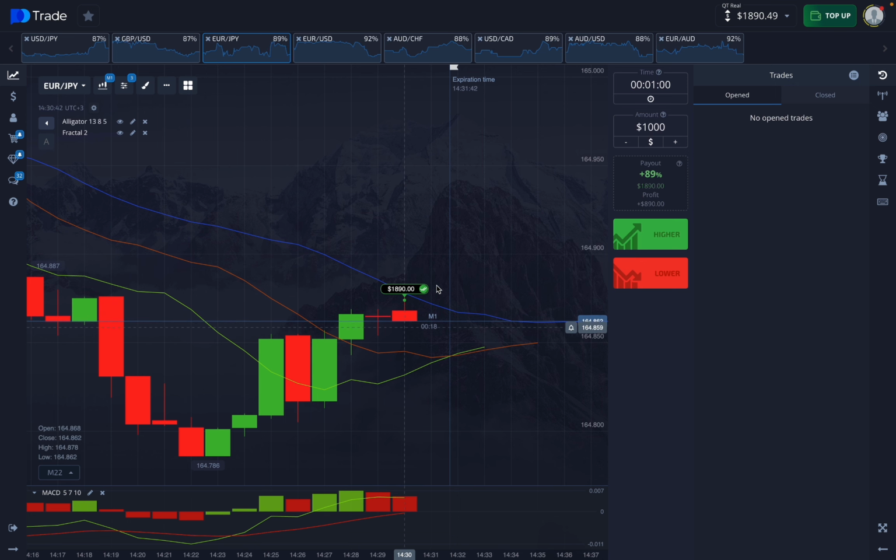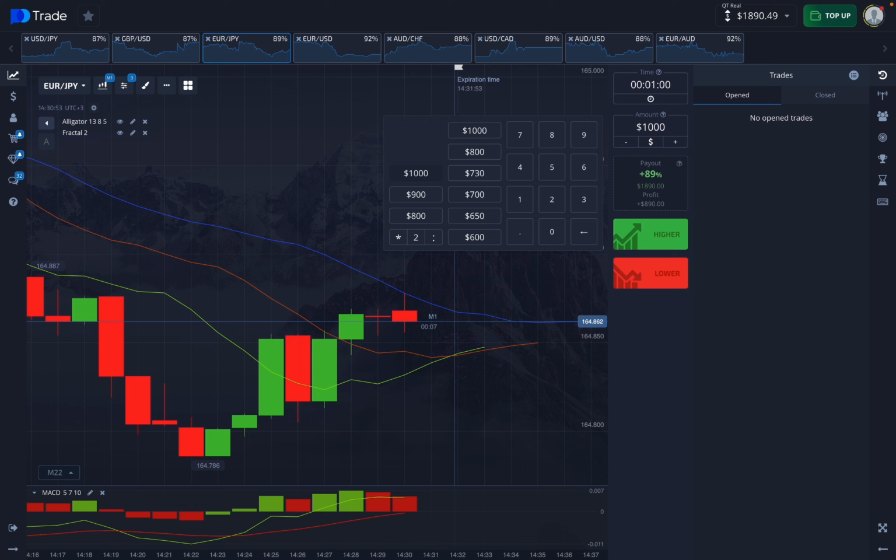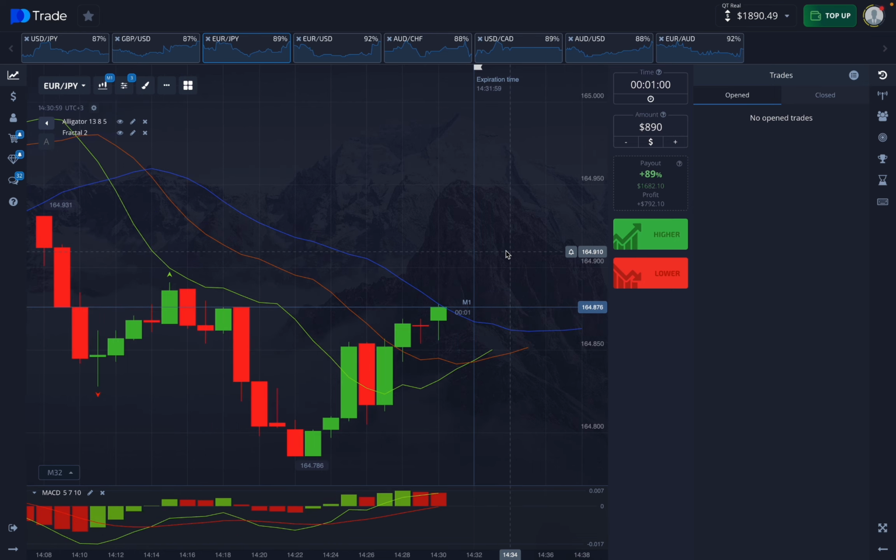But here I was more than sure that the nearest candle should go up. Perhaps I was even a little lucky, but here I was guided by the intersection of sliding lines. Let's change the amount of the transaction value. I think we'll put 890, and let's continue trading and select the next currency pair.